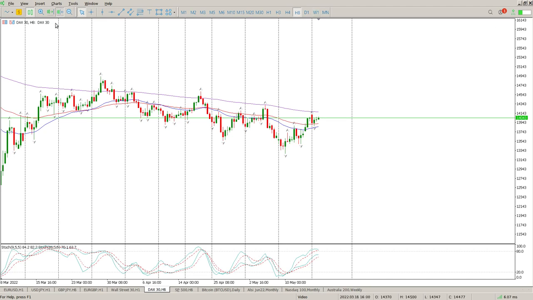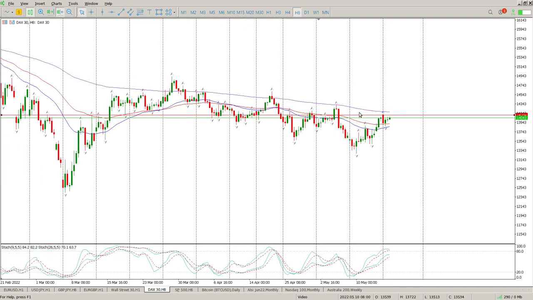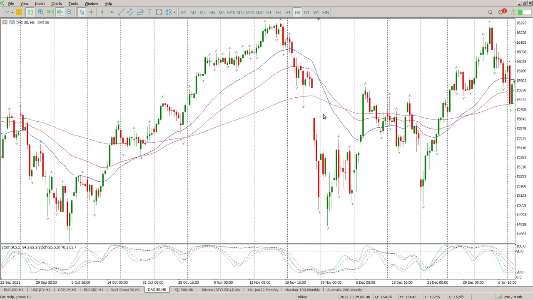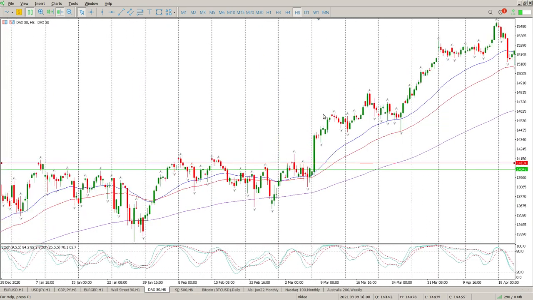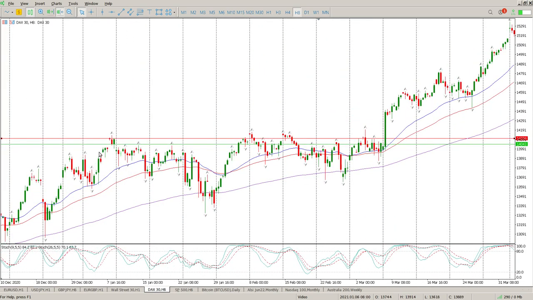So, looking a little bit at an area of concern, should we say. It is swinging around, and you can see this level that I've just put in here. You can see how we have interacted with it over the past couple of weeks. And if you can go back in time, you'll probably find that we're interacting with that quite some time in the past as well.